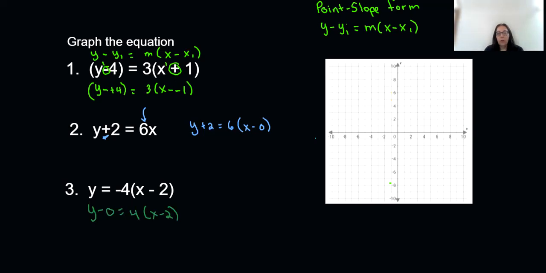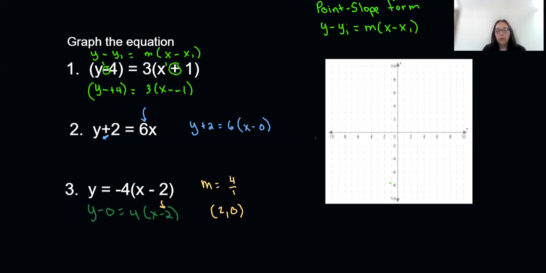So my slope is -4, and because we're graphing it, we're going to make it a fraction. The point we have is opposite sign, 2, and then there's nothing there, so 2, 0. And where do we start at? Who remembers? We start at the point that we're given.